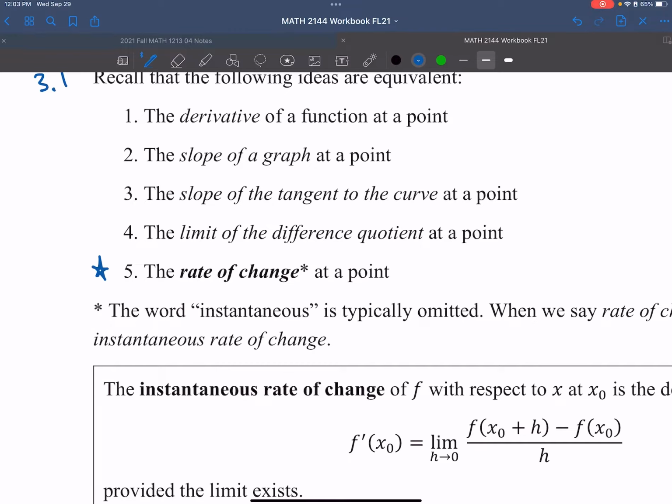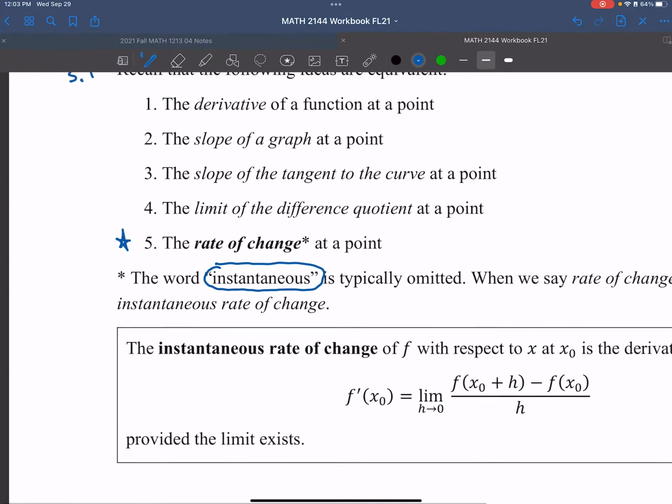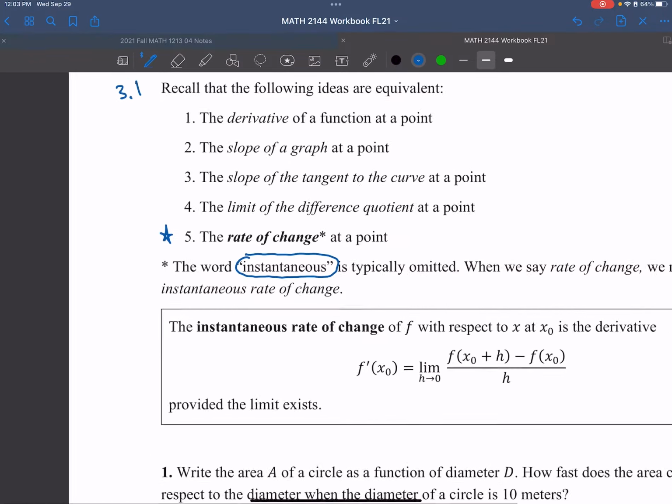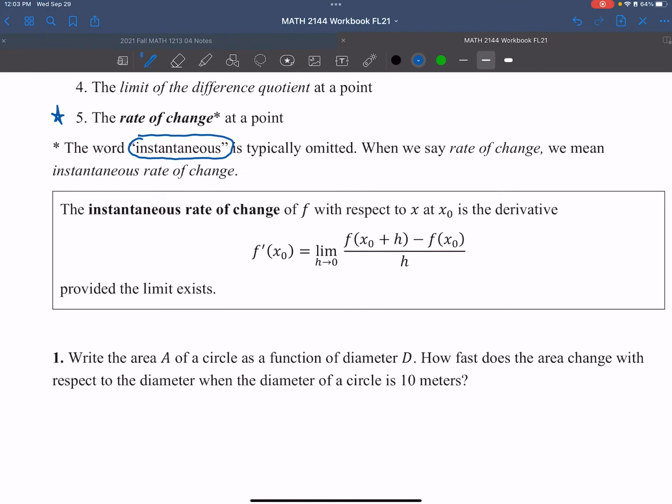So notice here the word instantaneous is going to be omitted for pretty much the remainder of the semester, because our conversations are going to be about the derivative, aka the tangent line. So when we talk about the rate of change from here on out, if it's not specified, assume it's the instantaneous rate of change, which means we'd be looking at the slope of the tangent line. So just keep that in mind.